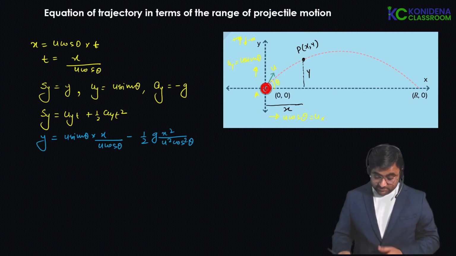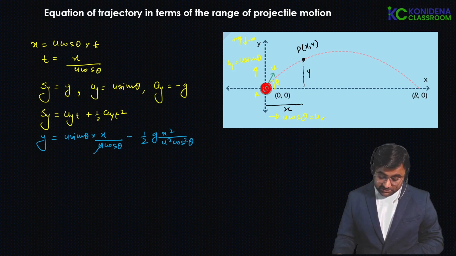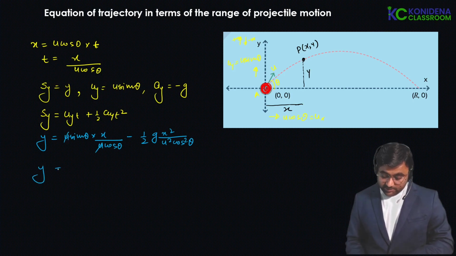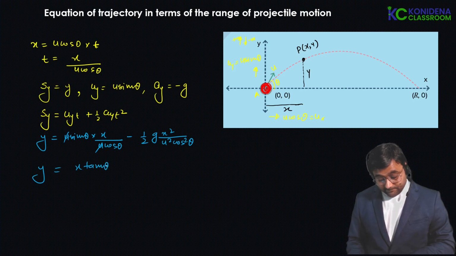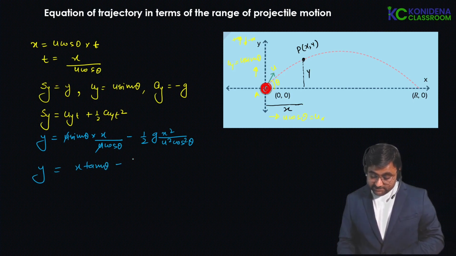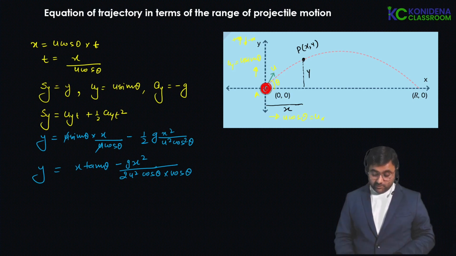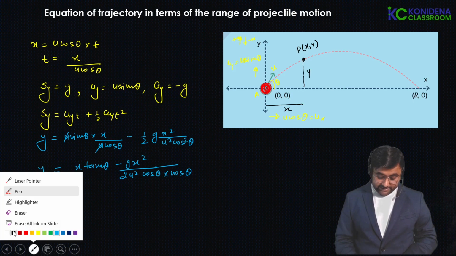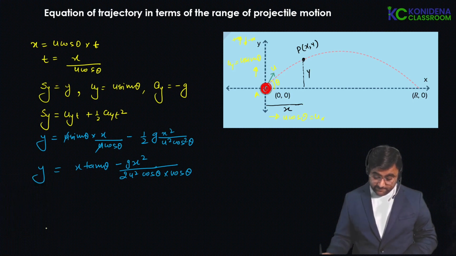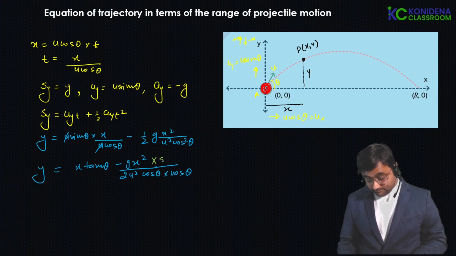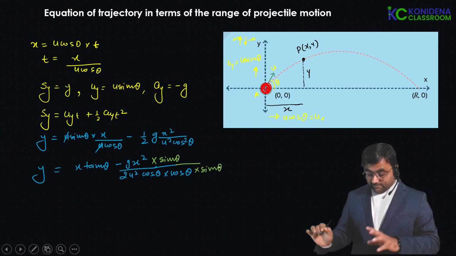Now let us solve it. This u and u get cancelled out, so y is going to be equal to x tan theta, right? And here we are going to get g x square by 2 u square, and I'm going to write it like this: cos theta into cos theta. Now I'm just going to multiply sine theta in numerator and denominator, so it will not change the equation.